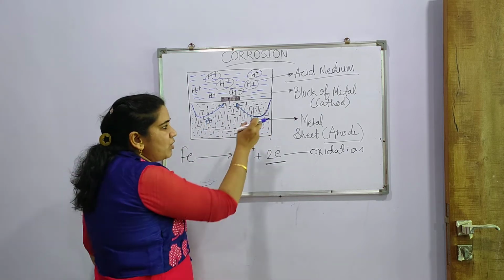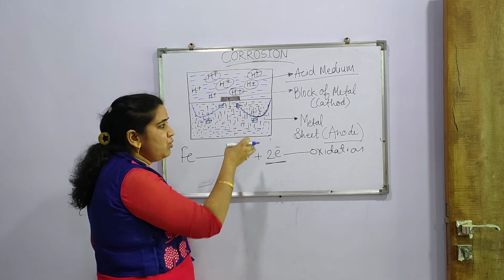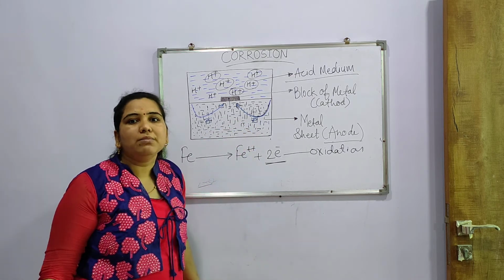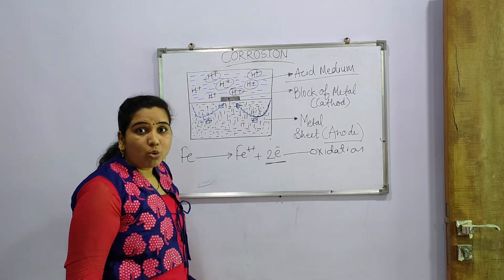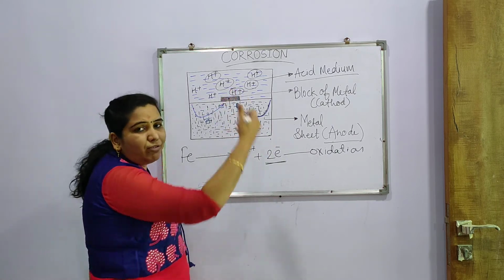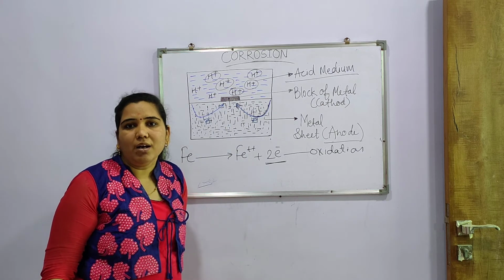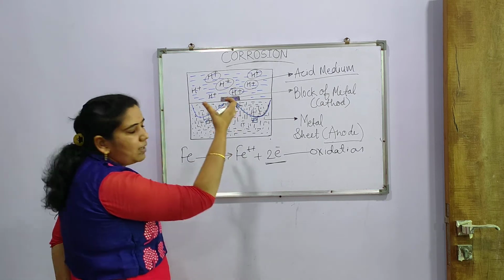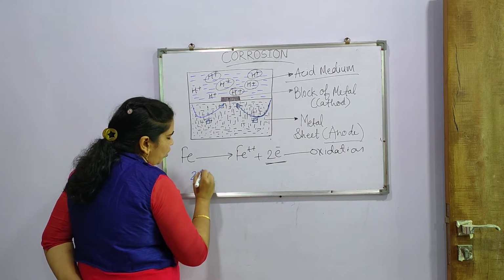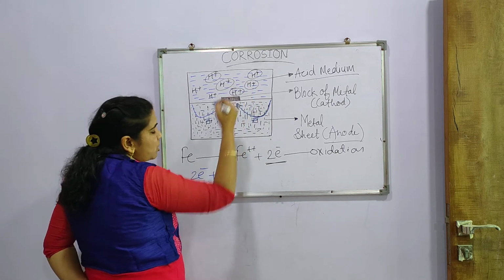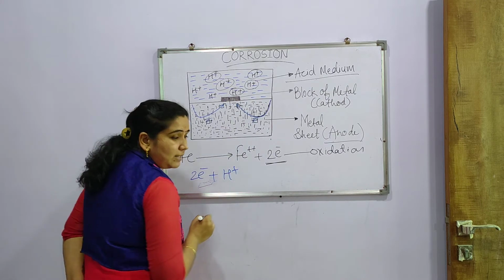When these electrons, already produced on this large metal sheet, are carried towards this cathode, and if there is a medium present, the electrons are accepted. These 2 electrons are accepted by H positive ions, because the medium is acidic in nature.